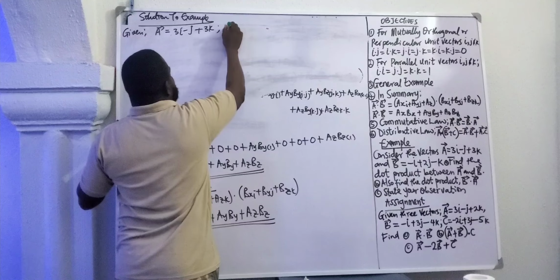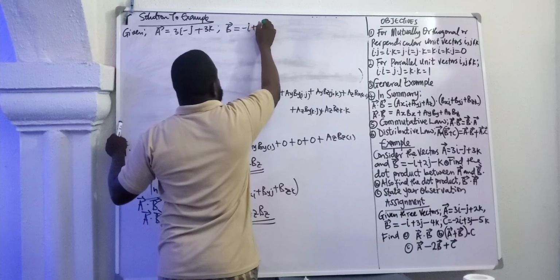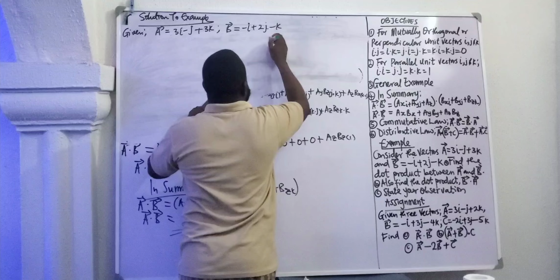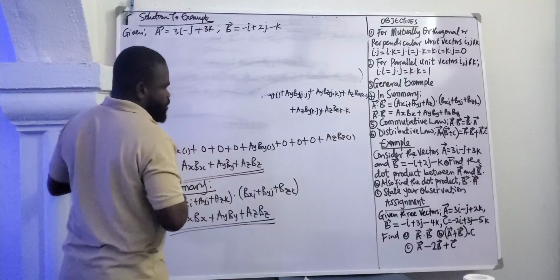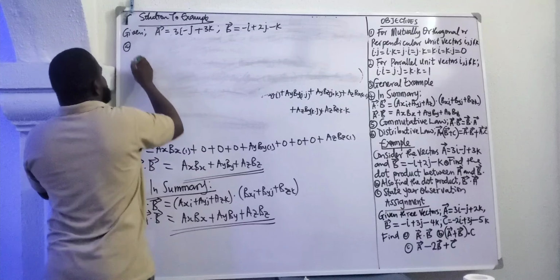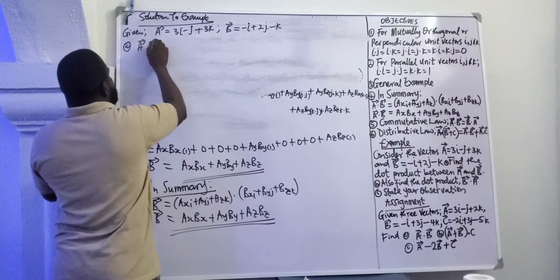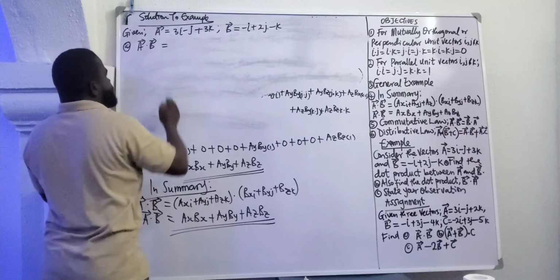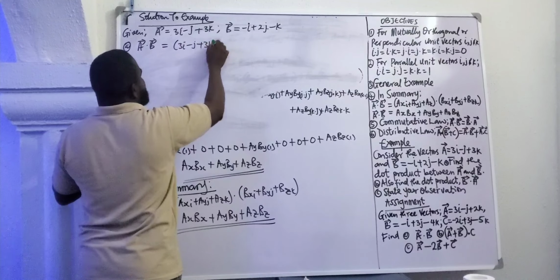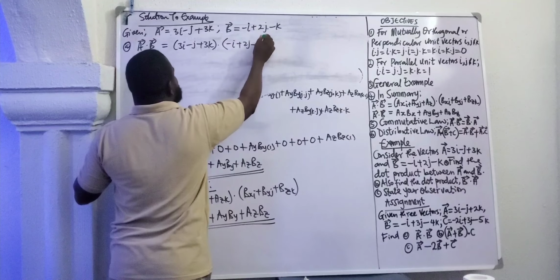And then we are given vector B as minus i plus 2j minus k. And we are asked to find the dot product between A and B. Option A, we have that A dot B, which means vector A, 3i minus j plus 3k, dot vector B, minus i plus 2j minus k.